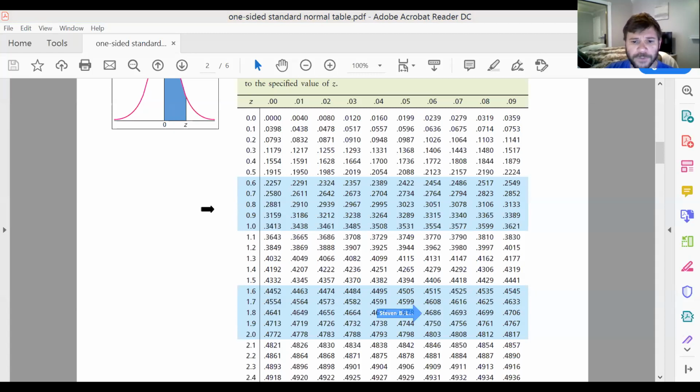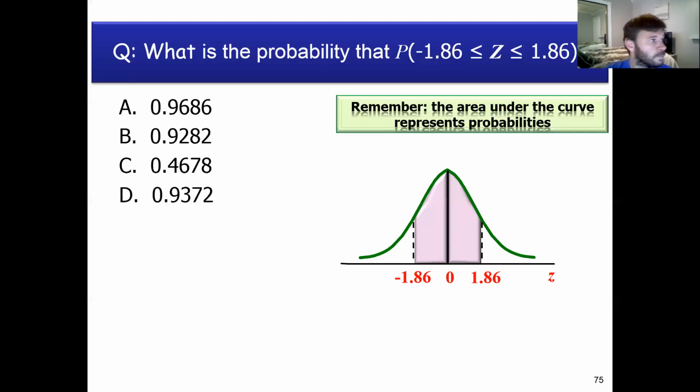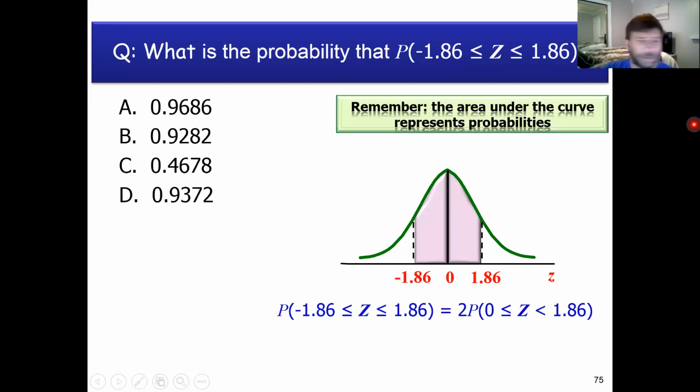And now we want to double that, in order to find the probability that Z is between negative 1.86 and positive 1.86. So here we are. We're using one table value to get both of those areas by, again, exploiting the symmetry here.